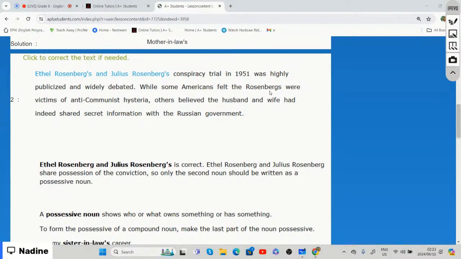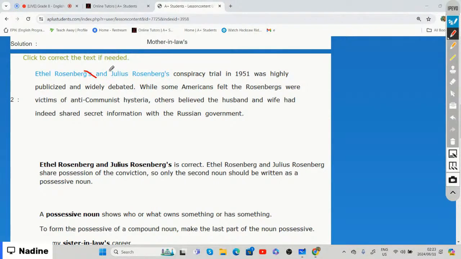Right? So in this case, seeing that it's implicating both of the Rosenbergs, then we need to say Ethel Rosenberg. So we're going to remove that. So say Ethel Rosenberg and Julius Rosenberg's conspiracy trial in 1951.